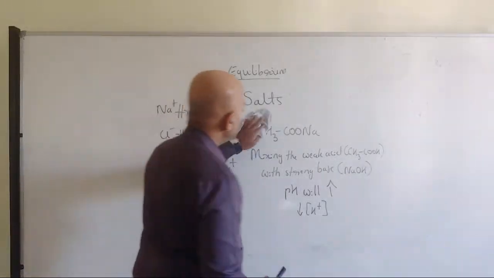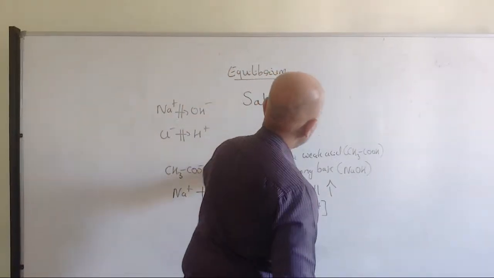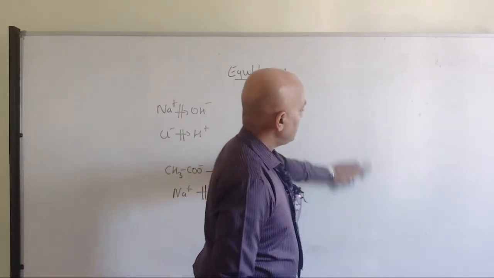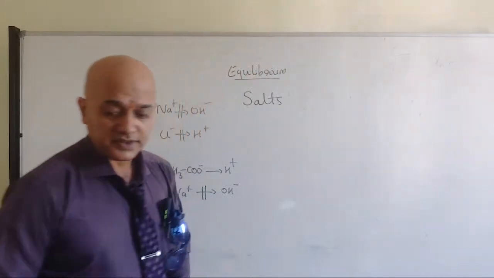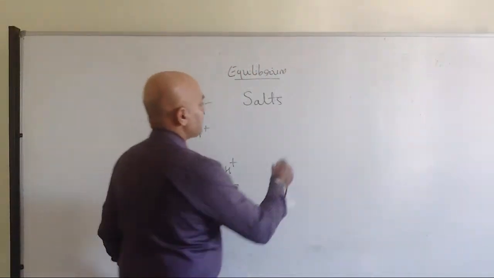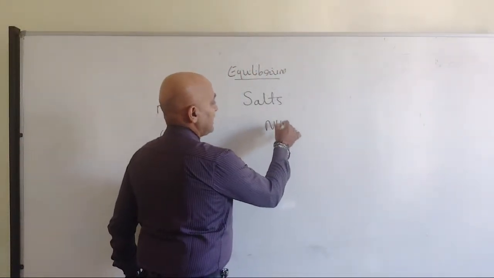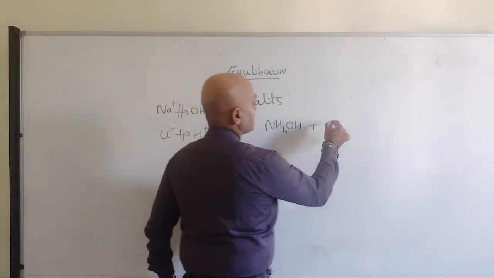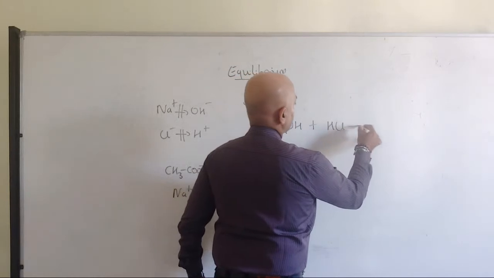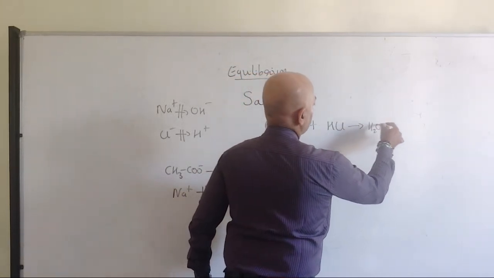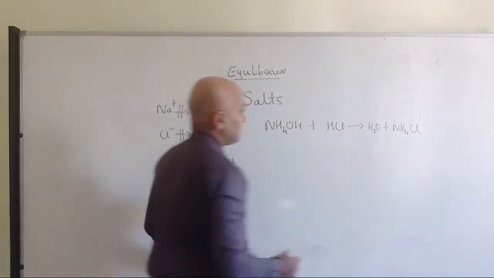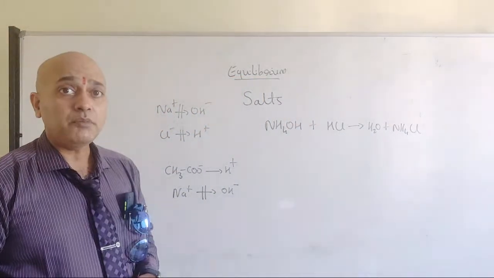If I take another salt which I have not discussed here, which was prepared by mixing ammonium hydroxide with HCl, naturally I am going to have water and ammonium chloride.